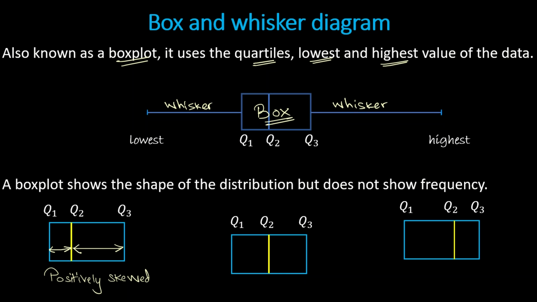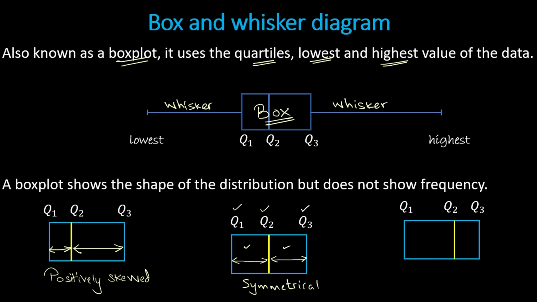What about the second box? For the second box, we observe that the distance from Q1 to Q2 is equal to the distance from Q2 to Q3, meaning these two distances, they are equal, or simply they are almost equal, right? So this is a case of a symmetrical distribution.